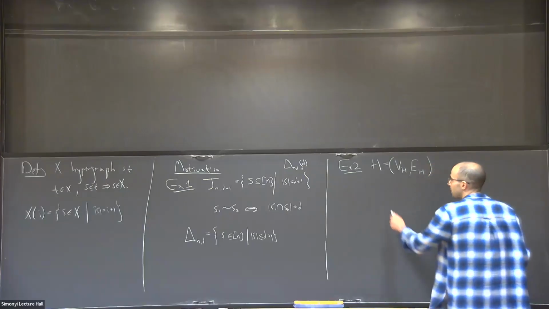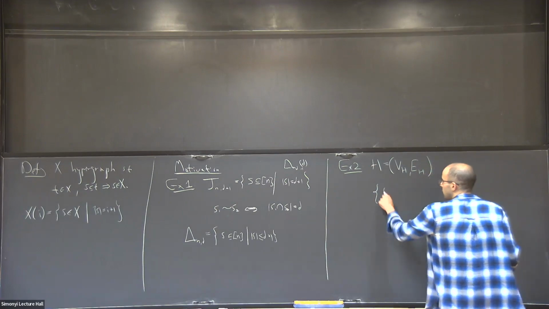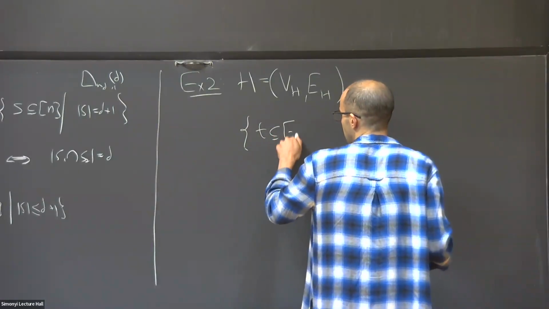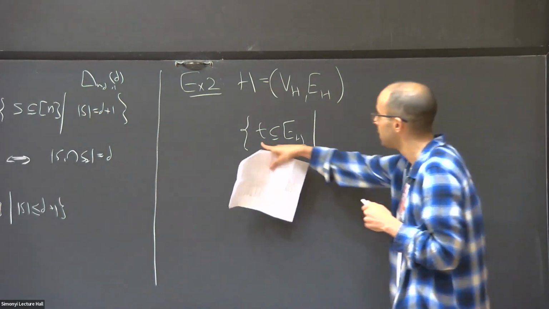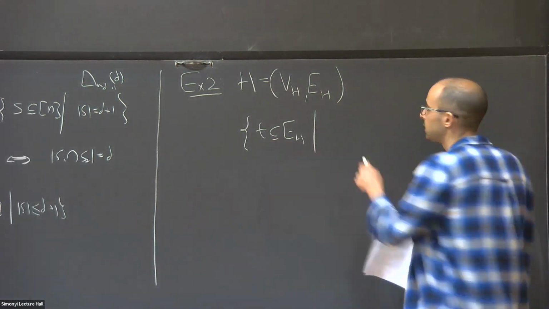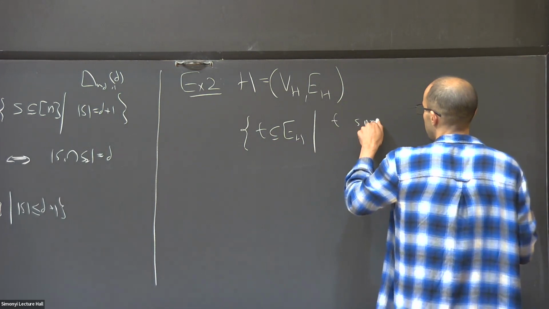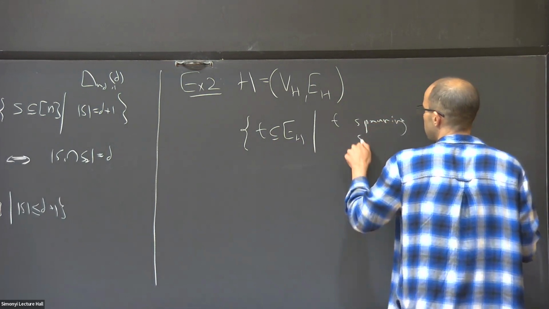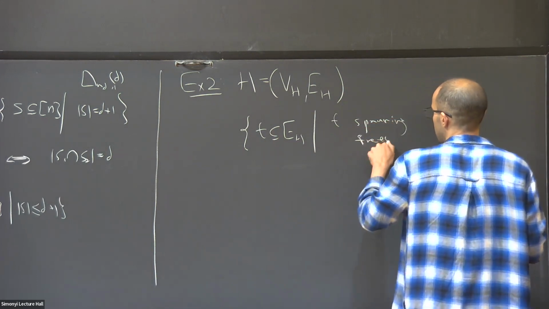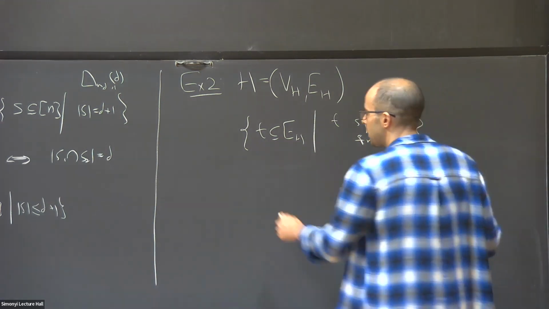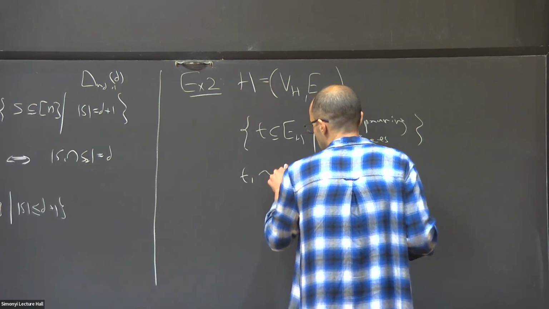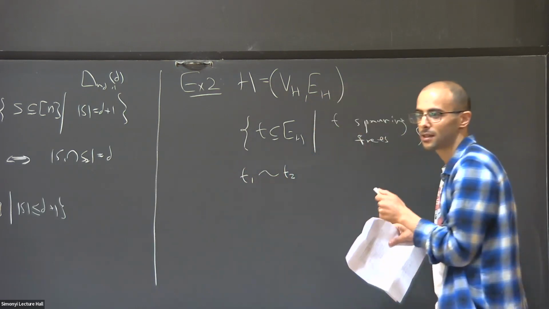So you look at this graph where formally the vertex sets are all the spanning trees. So I'll write it as subsets of the edges of H that are spanning trees. And I traverse from tree to tree by randomly changing one edge at a time.